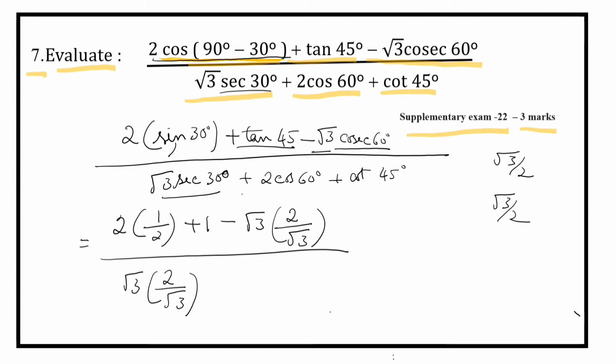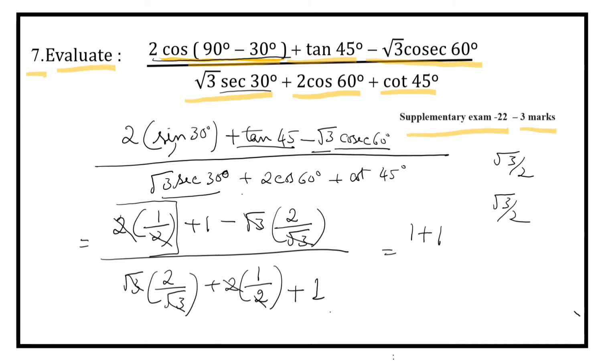2 cos 60 plus 2 into cos 60 is 1 by 2 plus cot 45. This is 1. Now let us simplify it. We can cancel root 3 and root 3, 2 and 2 here. What has been remained here? This is 1 plus 1.